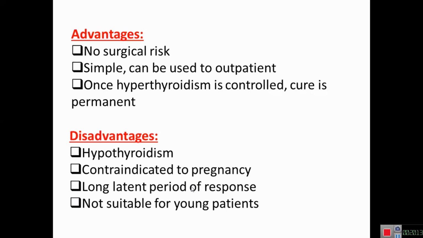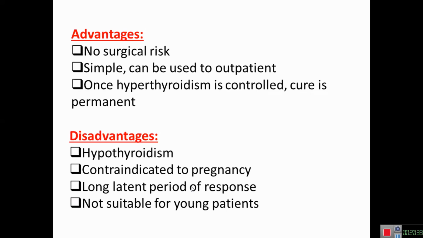It can be used to treat the hyperthyroidism state. So if you know that point, then you can easily write down the therapeutic uses of propylthiouracil as well as radioactive iodine.